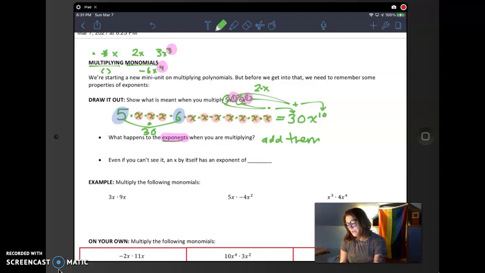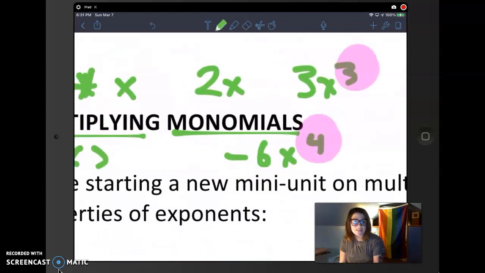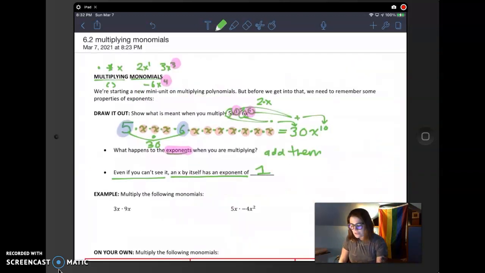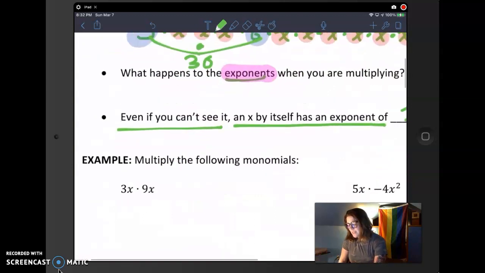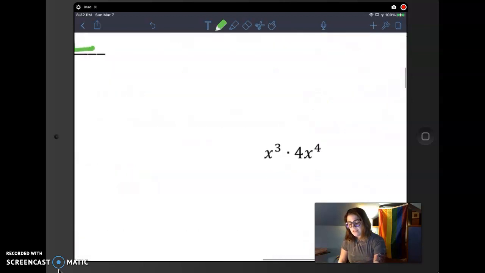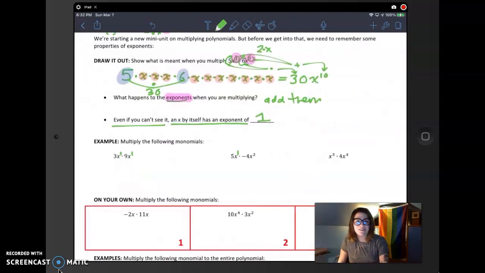This is the secret: an x by itself has an exponent of 1. So for example, if you just have x written alone, it means 1x. I know, yet another secret number in math that you have to deal with. I apologize. I did not design it to be this frustrating, but as we go through these examples, we're going to have lots of x's that are alone that need secret ones.